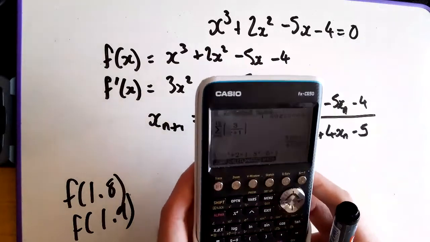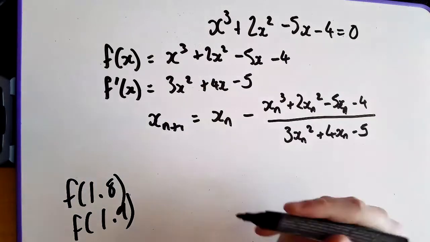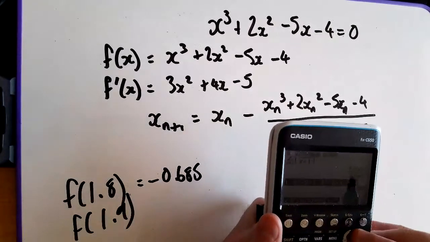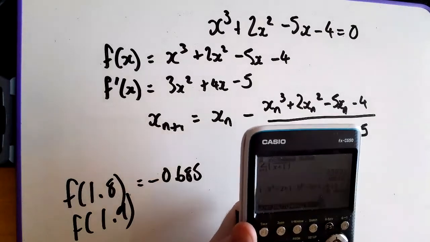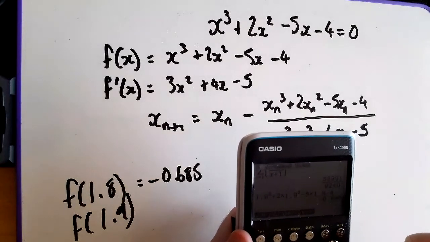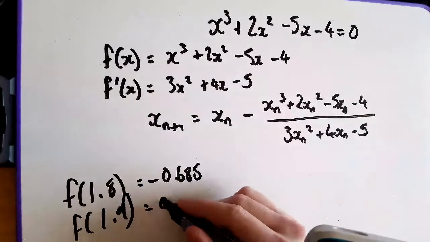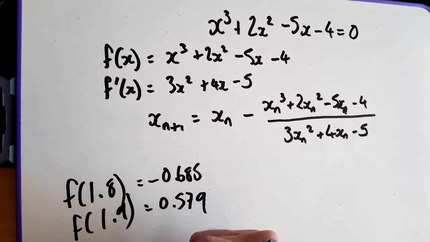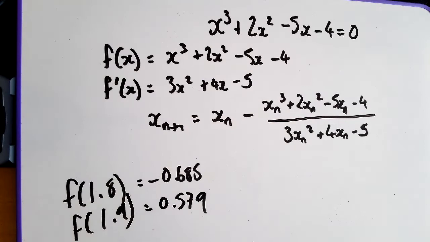That gives us minus 0.688. And then if I change all the 8s to 9s, we get 0.579. So this one's below 0, this one's above 0. So from GCSE, that means there must be an answer in the middle of 1.8 and 1.9 that equals 0.